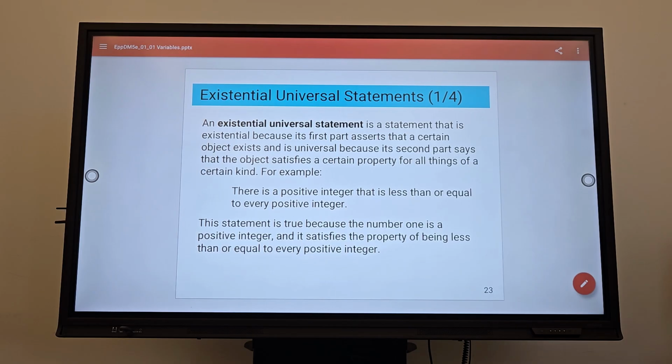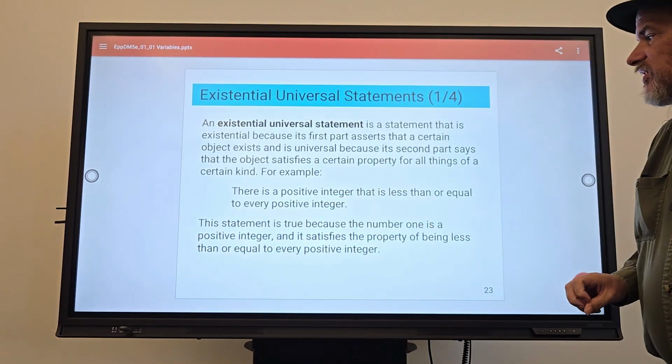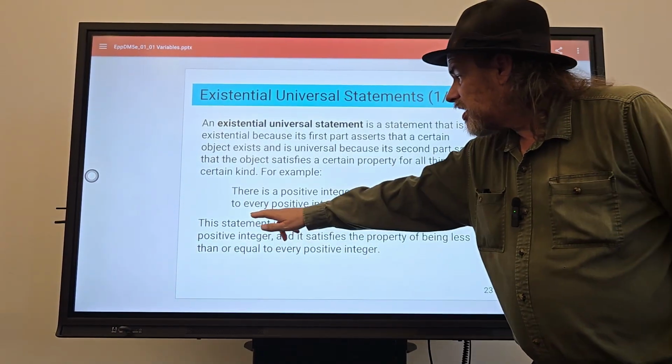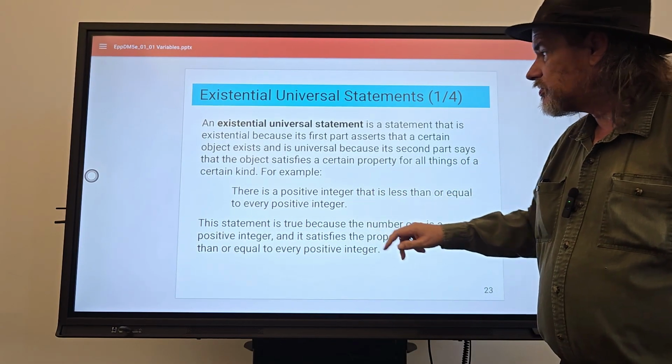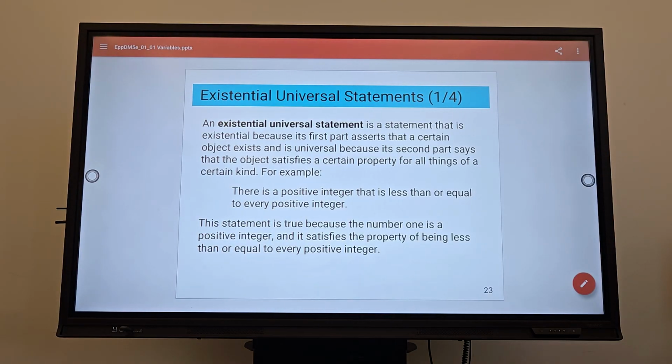Like, there is a positive integer, existential, that is less than or equal to every positive integer, universal. This statement is true because the number 1 is a positive integer and it satisfies the property of being less than or equal to every positive integer.